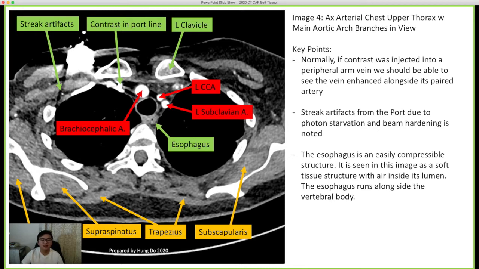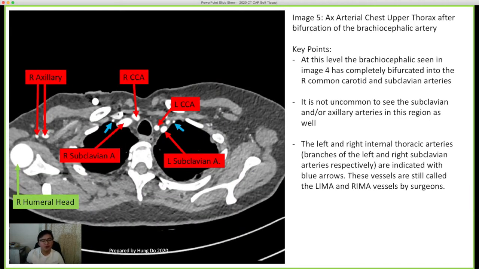If the esophagus was this large, it most likely will be held open by a stent, or the patient has had some surgery, for example, an Ivor Lewis esophagectomy, where they've done a stomach pull-up and put part of the bowel here or part of the stomach here, which can remain quite open if required. Moving further up from that slice, you have this appearance.